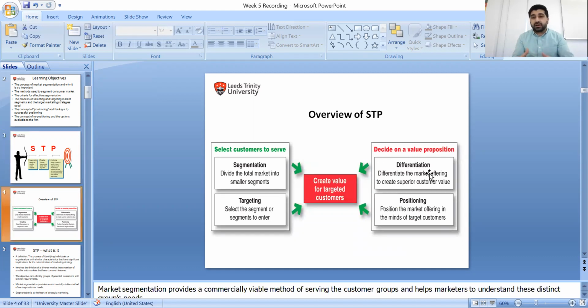What type of quality, what type of differentiation we are offering to the customer in order to create value. Then positioning places the market offering in the mind of the target customer. As I said, positioning means labeling and designing a product that you are going to offer to your customers in order to create value in targeted customers.